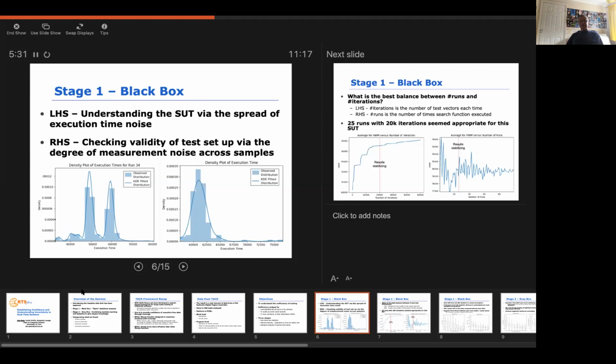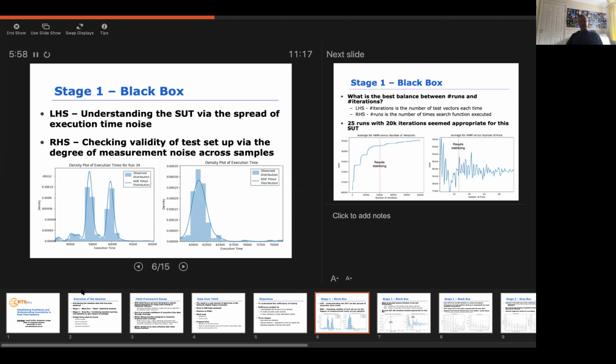On the right-hand side, we looked at the measurement noise on samples. We looked at particular test vectors run many times. Across all the testing that we did, we identified test vectors that were identical when applied to the piece of software, and then we assessed the range of execution times we got from that.